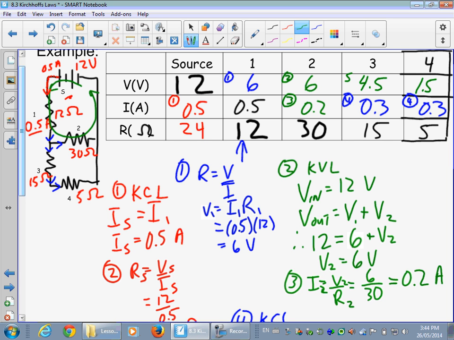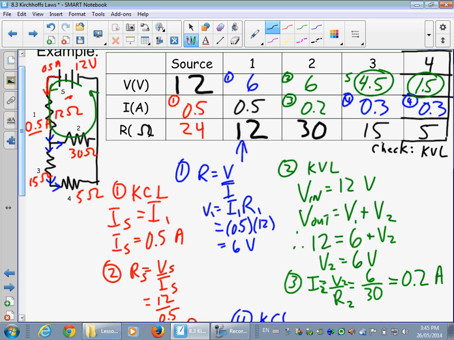This should be a foregone conclusion, because we can use Kirchhoff's voltage law again. So let's check. If this works, then Kirchhoff's voltage law should work as well. So what do we have?